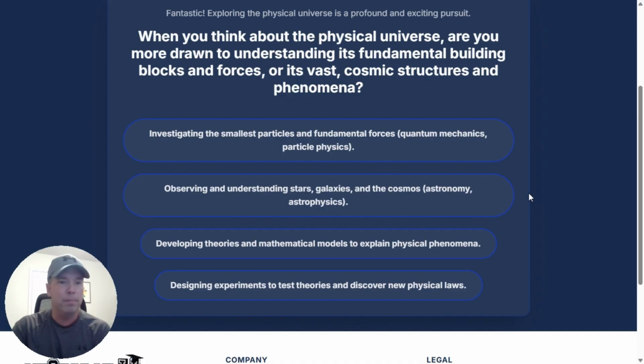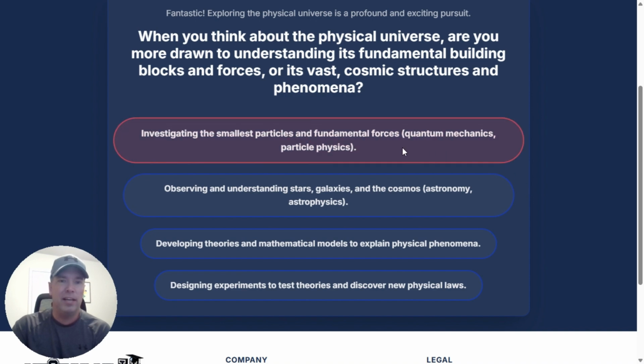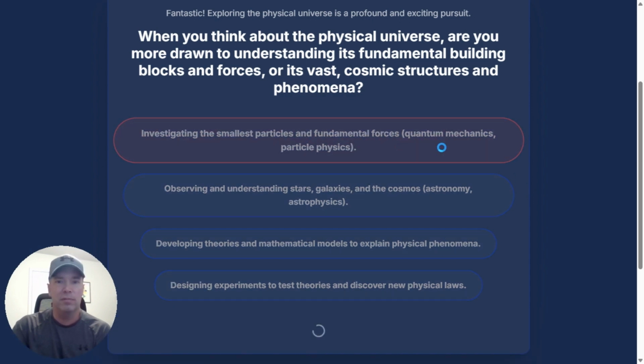That's kind of neat. Developing theories and mathematical models to explain physical phenomena. See if you can say that five times fast. Designing experiments and testing theories to discover new physical laws. All right, so let's do investigating the smallest particles.